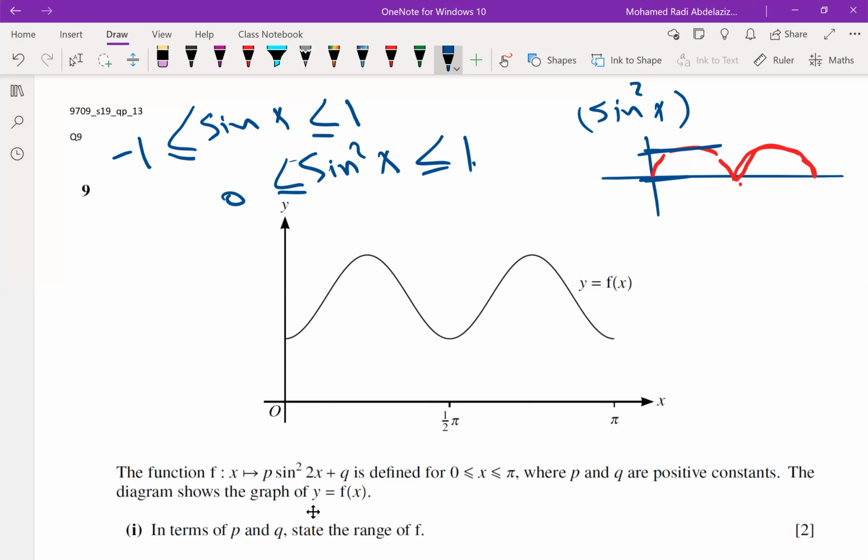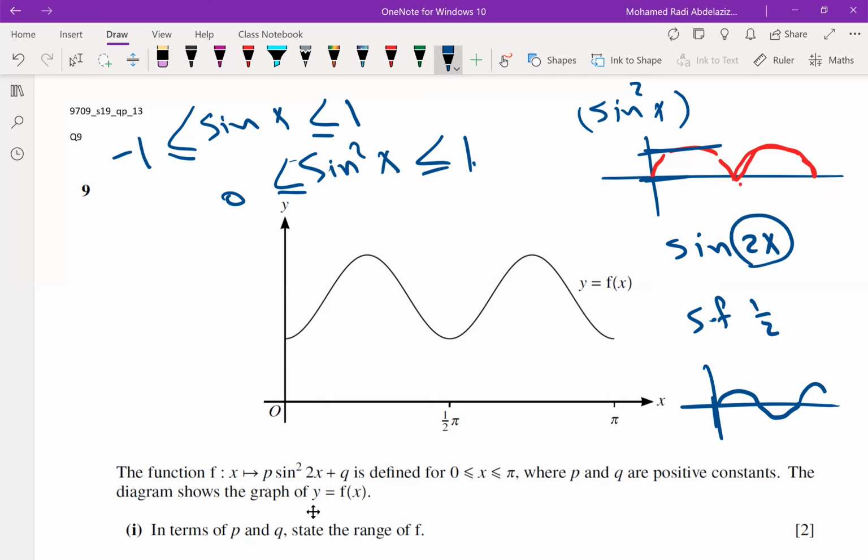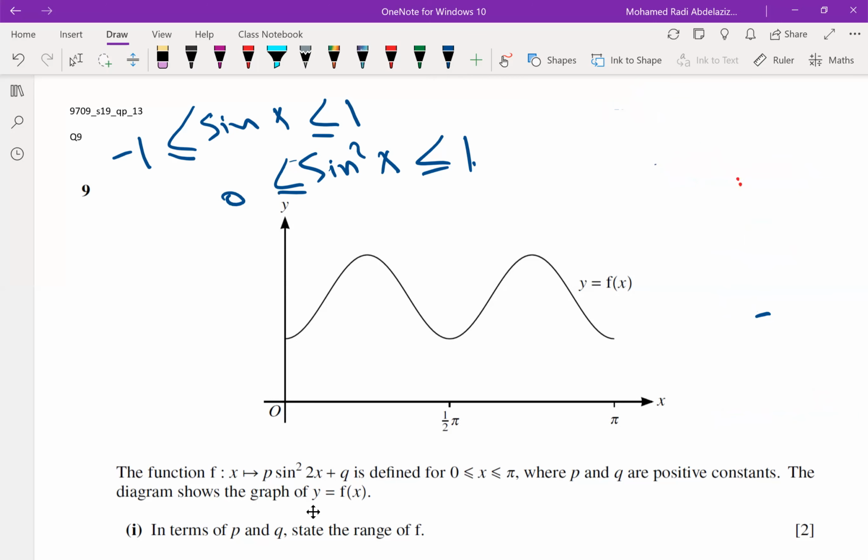What about if it is 2x? Sine 2x will be stretched, with scale factor half. So you will get from 0 to pi a complete wave, and from pi to 2 pi another complete wave. This is the same if we have sine squared 2x.